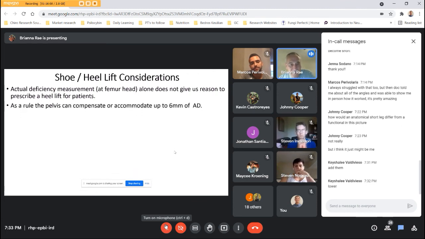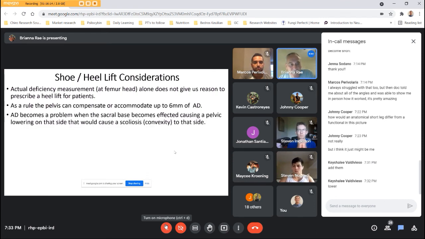But as a rule, the pelvis can compensate or accommodate up to 6 millimeters of actual deficiency. The actual deficiency becomes a problem when the sacral base becomes affected, causing a pelvic lowering on that side that could cause a scoliosis or a convexity of rotation to that short leg side.